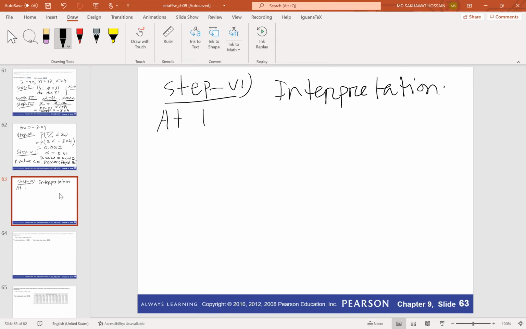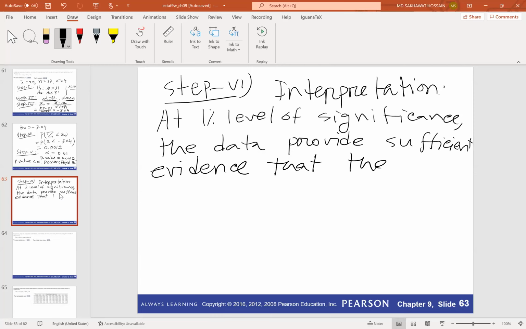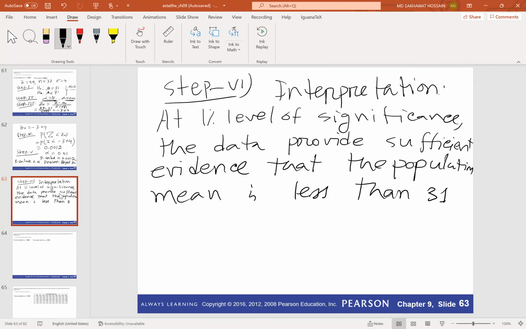That means at 1% level of significance, the data provide sufficient evidence that the population mean is less than 31.